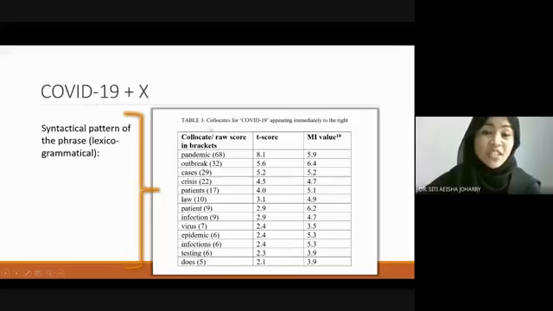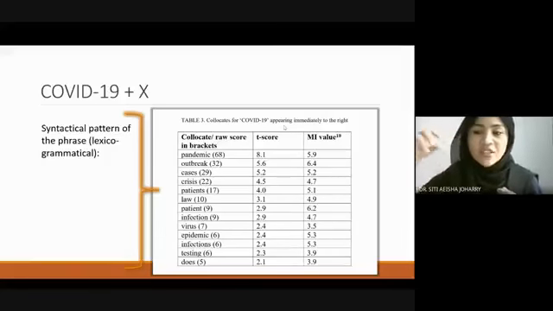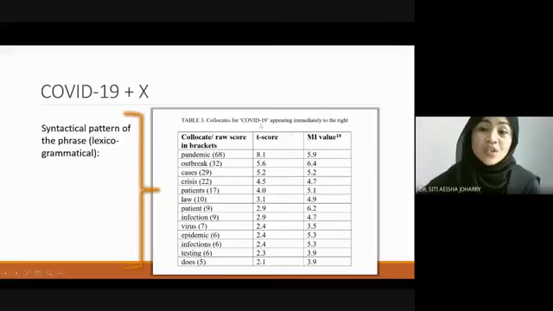Another interesting thing is that you can select very specific collocates, either appearing right of the word or left of the word, in how many spaces or spans they call it. So we were interested to look at the collocates appearing immediately to the right of the key term, search term, which would then give us a good syntactical pattern of the phrase COVID-19 what.